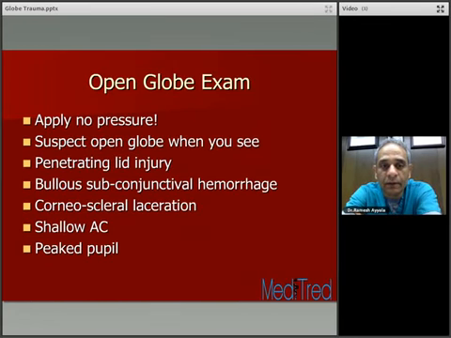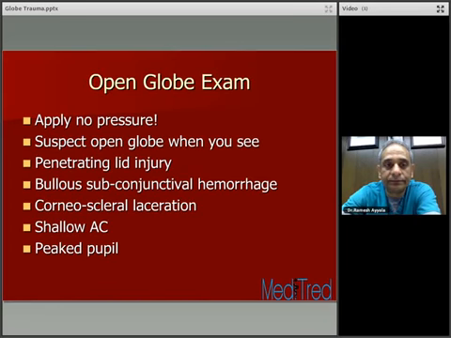Suspect open globe when you see the following. When you see penetrating lid injury, bullous subconjunctival hemorrhage, corneoscleral laceration, or a shallow chamber and a peaked pupil.